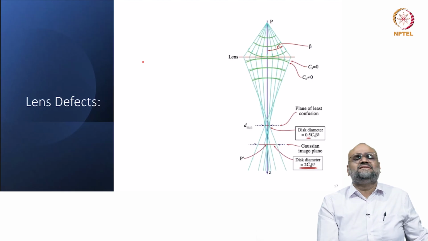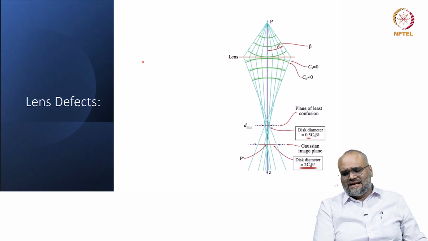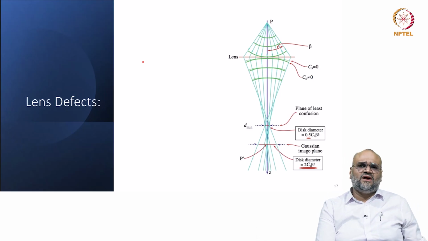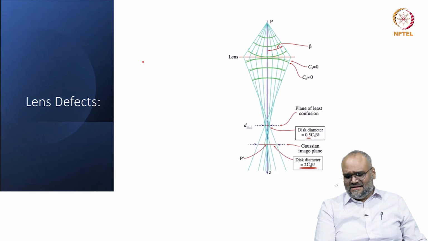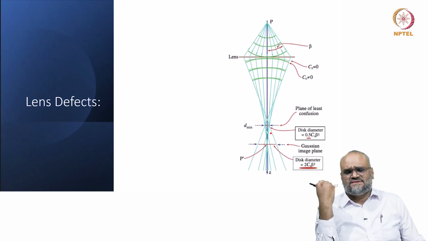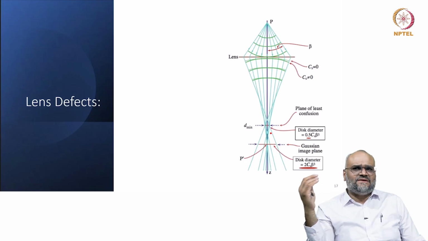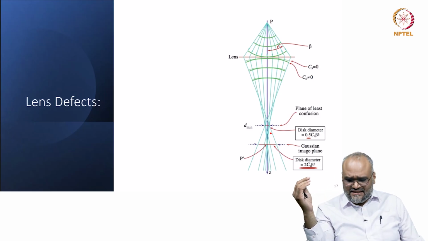What are lens defects for classic optical lenses? When all the rays passing through the lens do not converge to a single point, they form a disk of confusion. We have looked at this in good detail in our lectures on aberration correction, and we will look at it once again when we revisit the summary of aberration correction a little later.